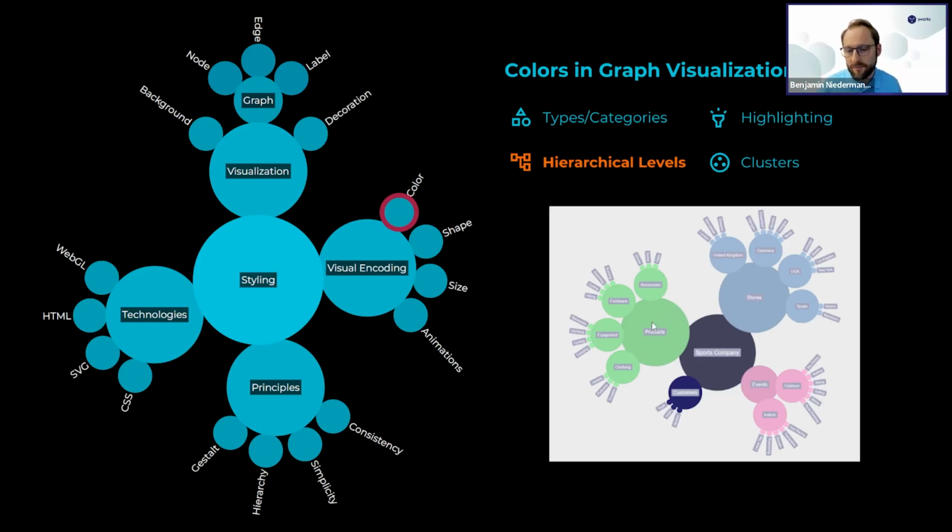So here we have very bright colors for the leaf nodes and less bright colors for the inner nodes. And this gives us already some hierarchical level and also tells the viewer where to look. So in this case, typically we tend to look more at the bright colors, so we tend to go to the leaf nodes of this graph visualization.